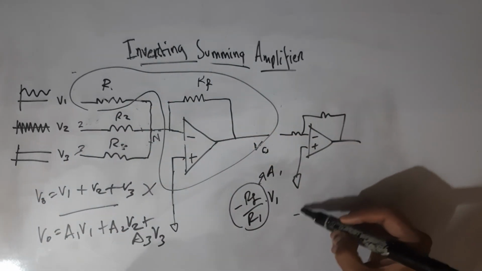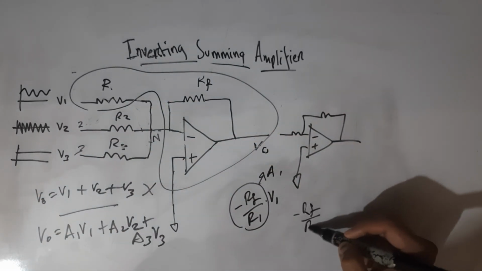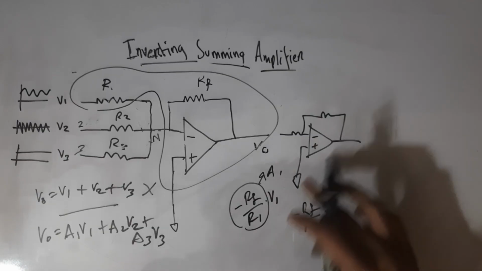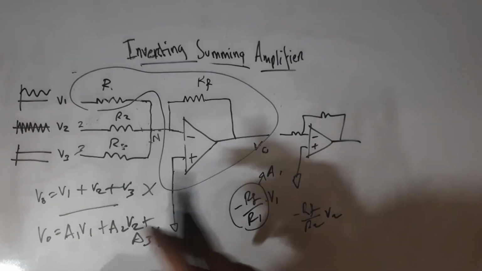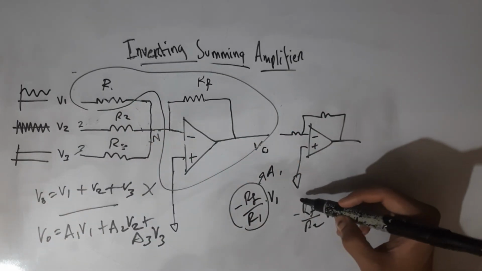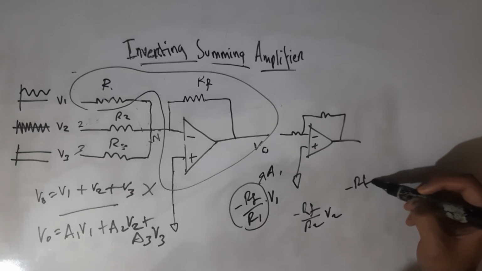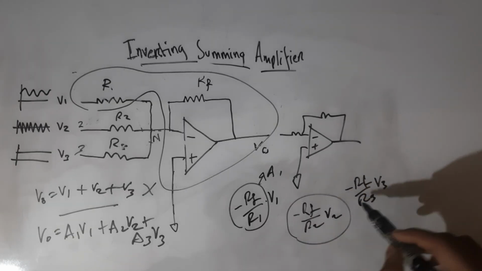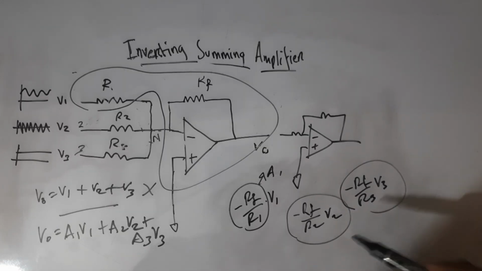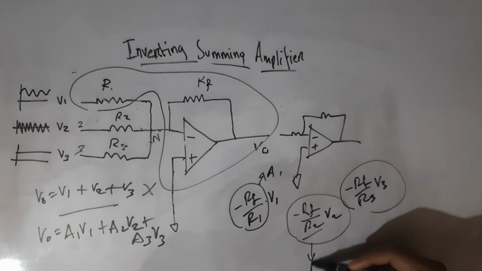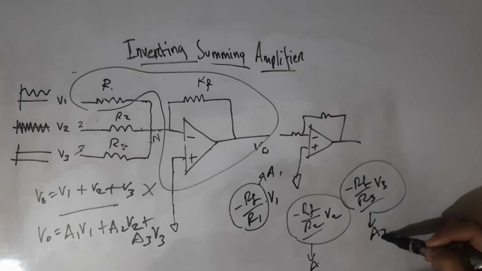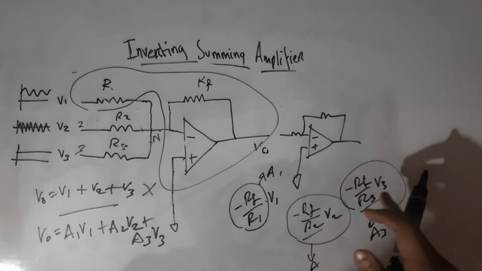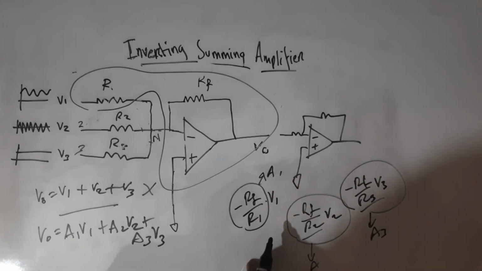That means minus RF by R2 into V2. We are just using the inverting amplifier equation for each channel. Again, minus RF by R3 into V3. This portion is A2, this portion is A3. We add these three together and we will get the output voltage.